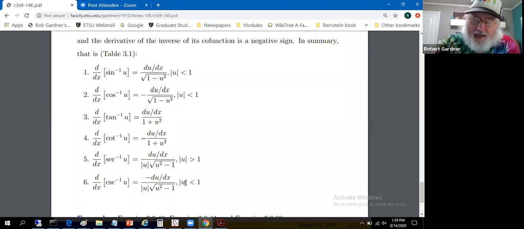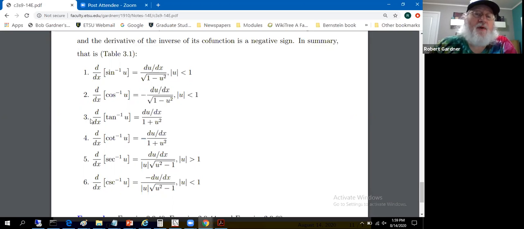This is consistent with the way you differentiated regular old trig functions before we got into this inverse trig function stuff. The derivative of the cofunctions started with a negative. I'm not saying they're negative. Their derivatives started with a negative sign. Derivative of cosine is negative sign. Same thing here.